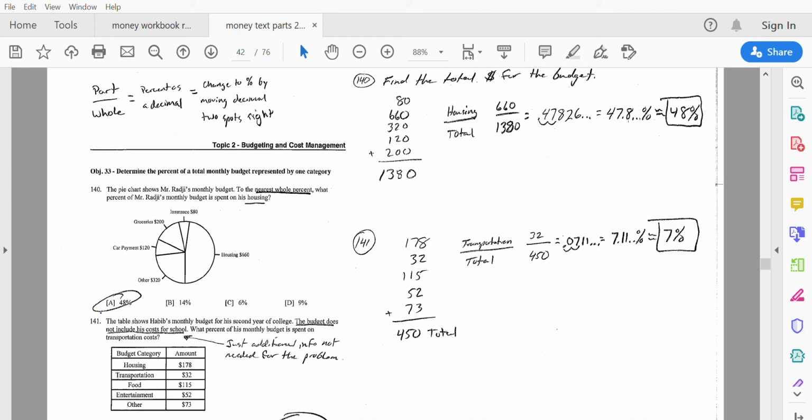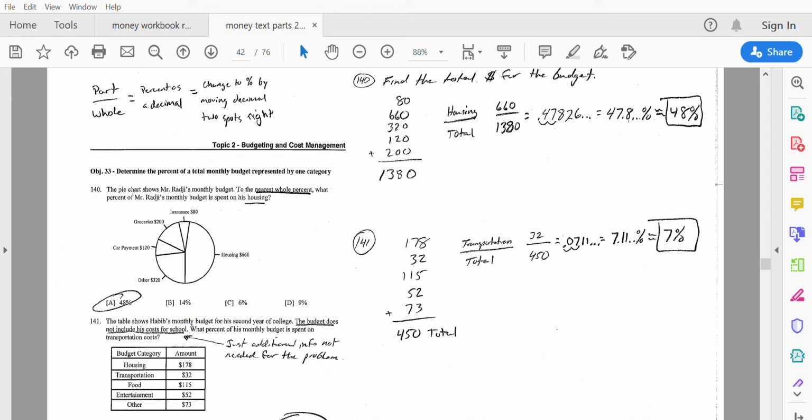We're basically going to do the same as last problem, it's just not a circle graph. This is the one we're worried about, which is $32. That is our part. They asked for percent on transportation, so that is right here. 32 is the part. Again, what we have to do is just find the total, which includes the part we're looking at.